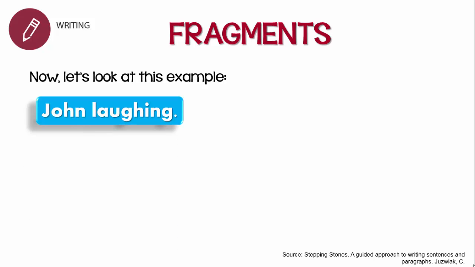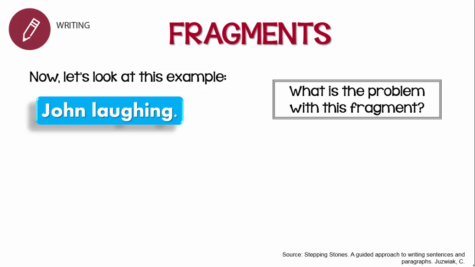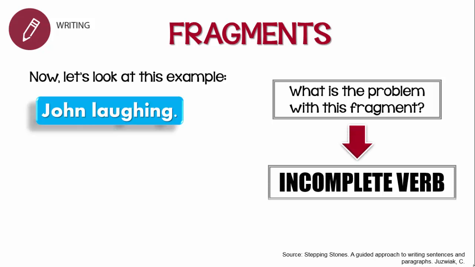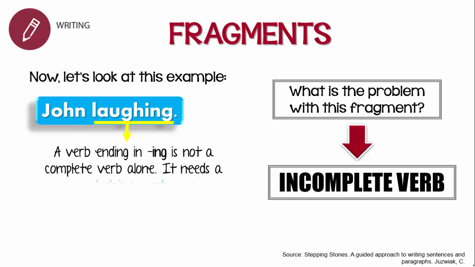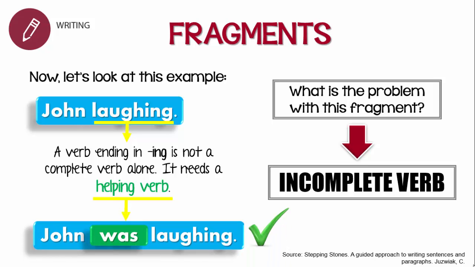John laughing. What is the problem in this fragment? There's an incomplete verb. Laughing is a verb ending in ing, and it's not a complete verb alone. It needs a helping verb. So how do I correct this? John was laughing. That is a complete verb.